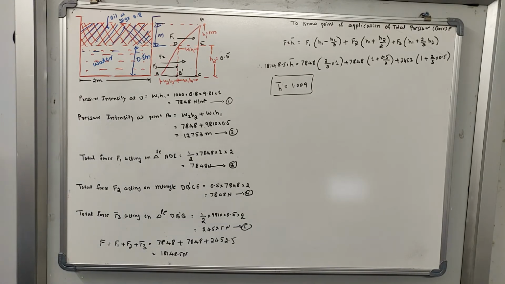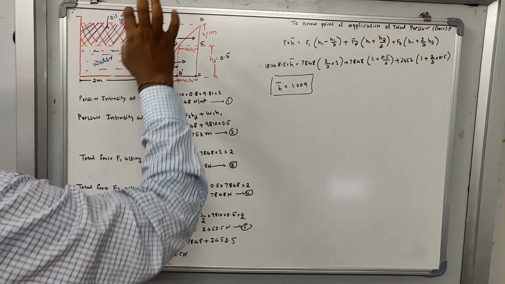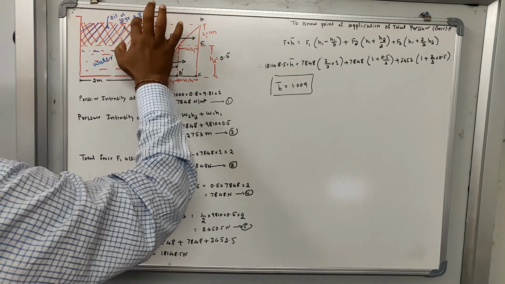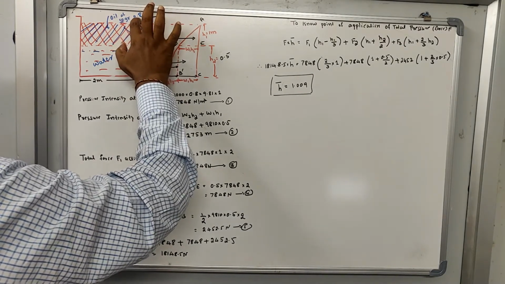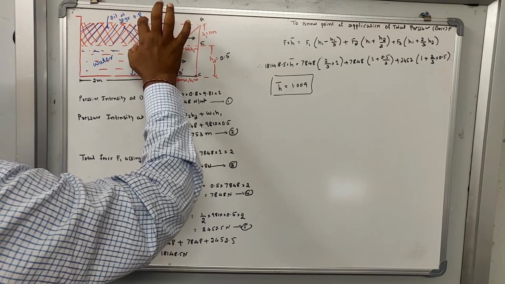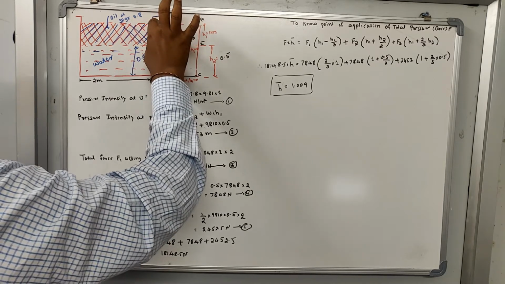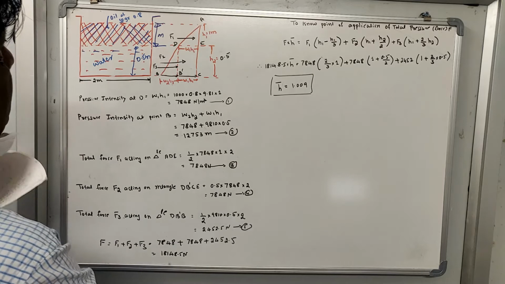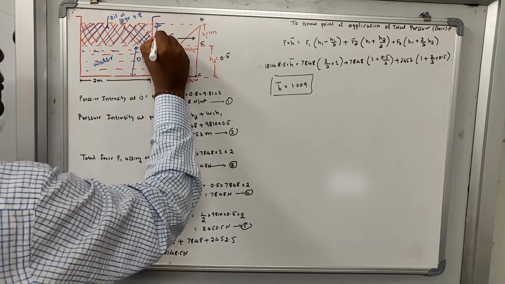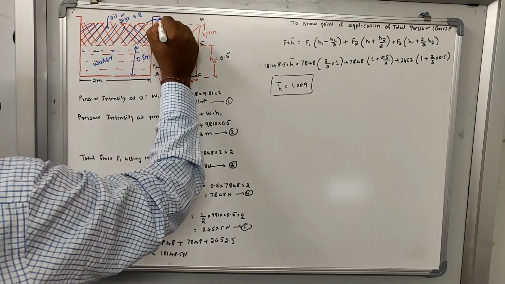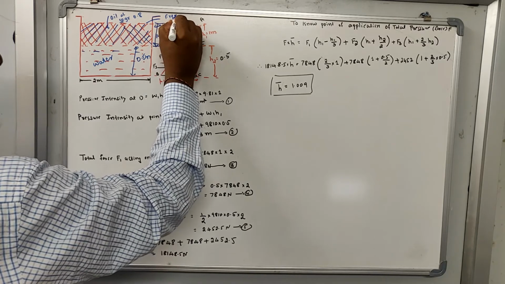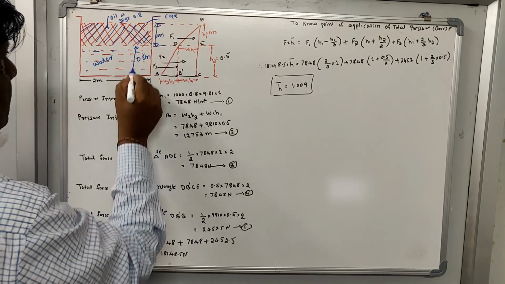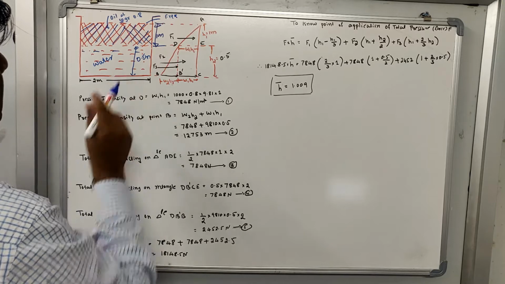The top liquid is oil of specific gravity 0.8, and it is filled to a depth of 1 meter from the free surface. This is the free surface, and this is the bottom.